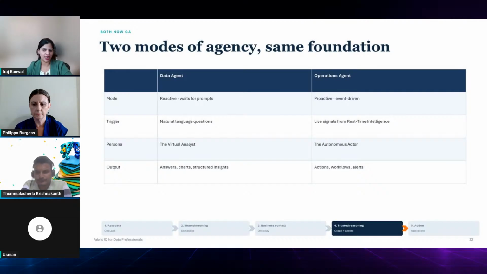So both types need the same foundation, which is Fabric IQ, but they need the trusted definitions, governed access, business relationships, and the business context. And that is the difference: when they get engaged. Data agents answer when asked. Operations agents notice when something matters. So I often call that virtual analyst versus autonomous actor.